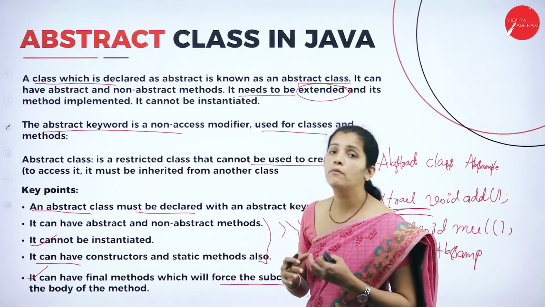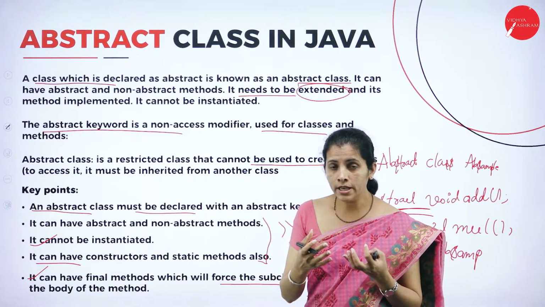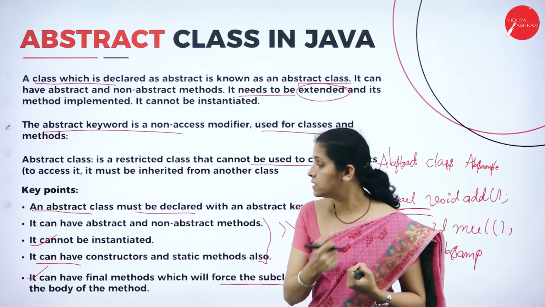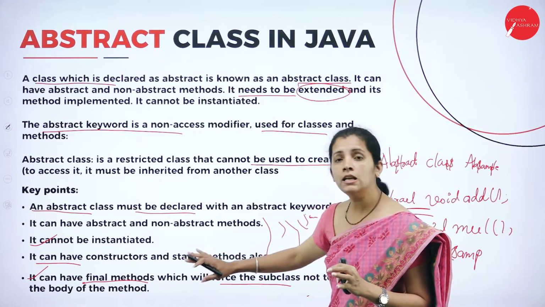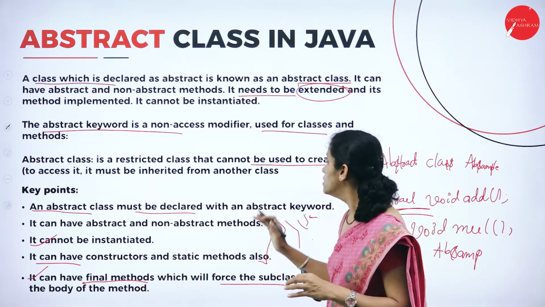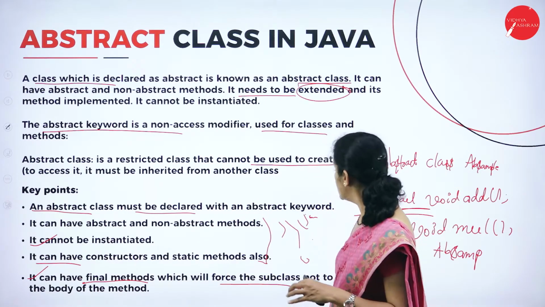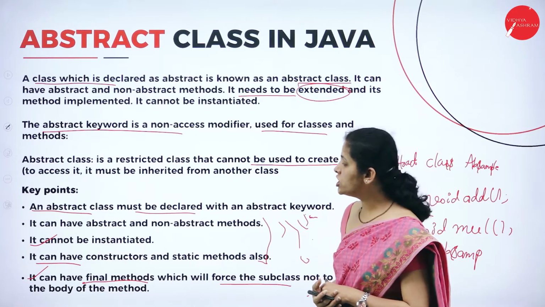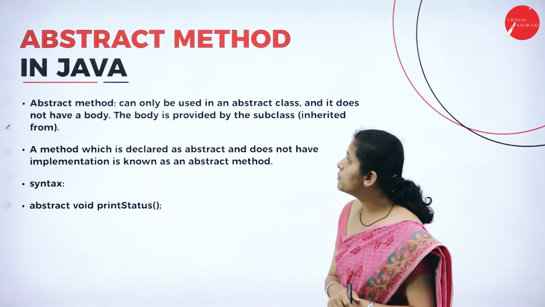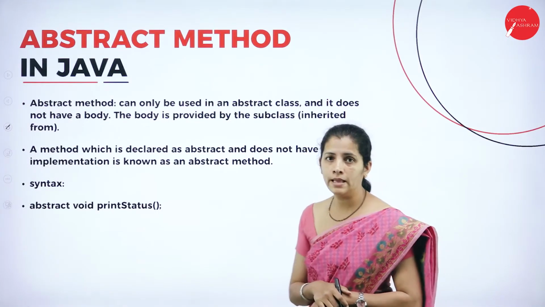At that time I want to create an object as well as modify the methods. But by using the final keyword or a final method, I cannot force the subclass not to change the body of the class. Now I'm going to have abstract methods.